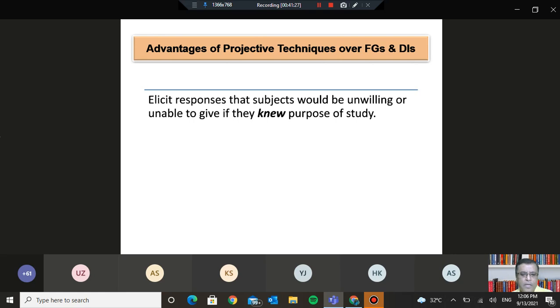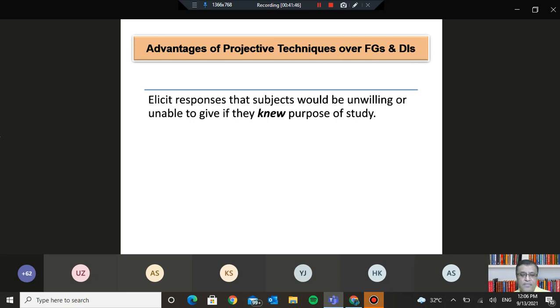They may not have been willing, or may not have been able, to give us the responses had they known the real purpose of the study. That is why we are resorting to these particular methods.